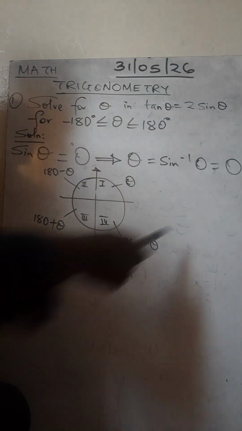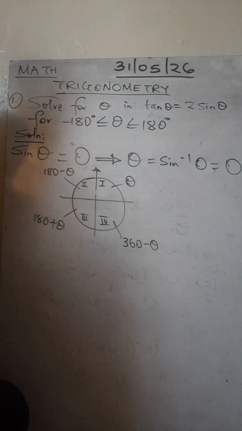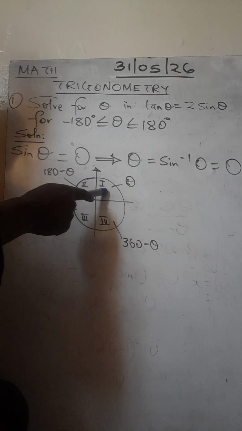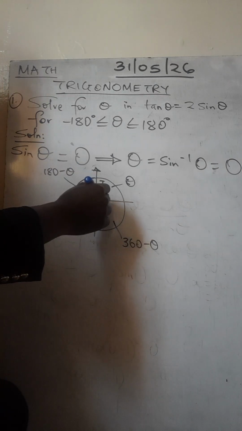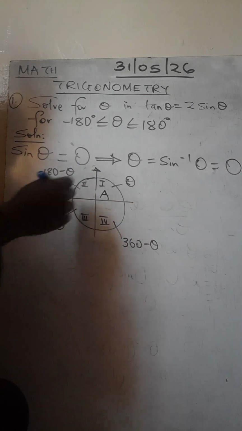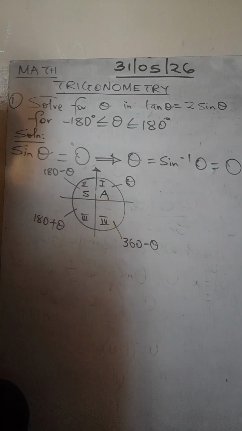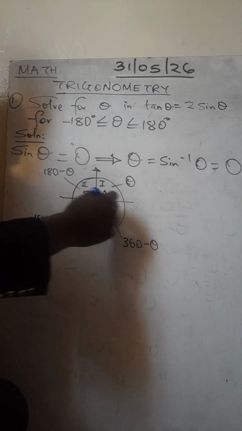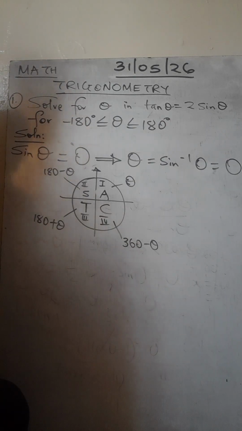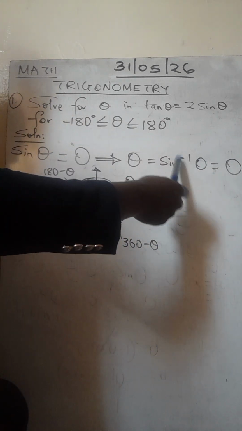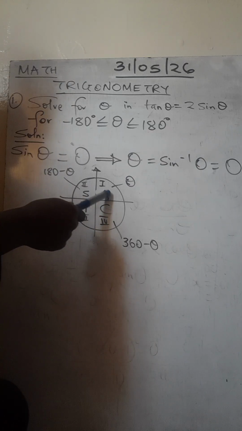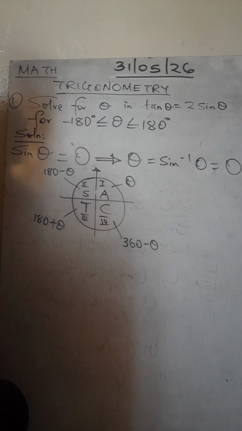Now, since 0 is not a negative value, it is supposed to be found between this and this.